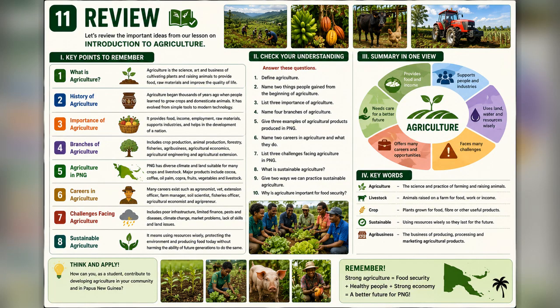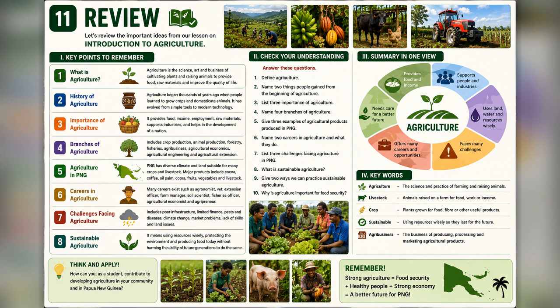Let us review the important ideas from this lesson. Agriculture is the science and practice of farming and raising animals. It began long ago when people learned to grow crops and domesticate animals. Agriculture is important because it provides food, income, employment, raw materials, and support for industries.